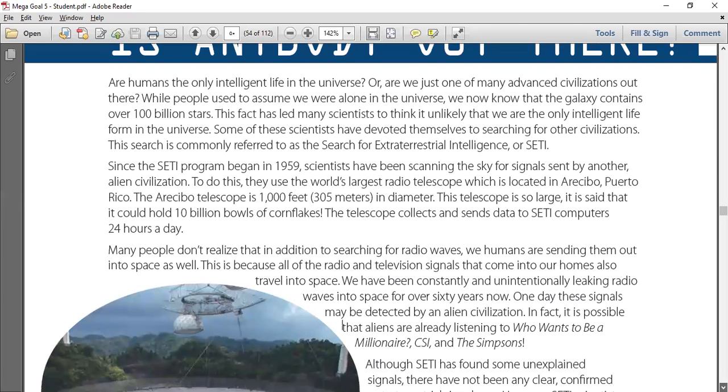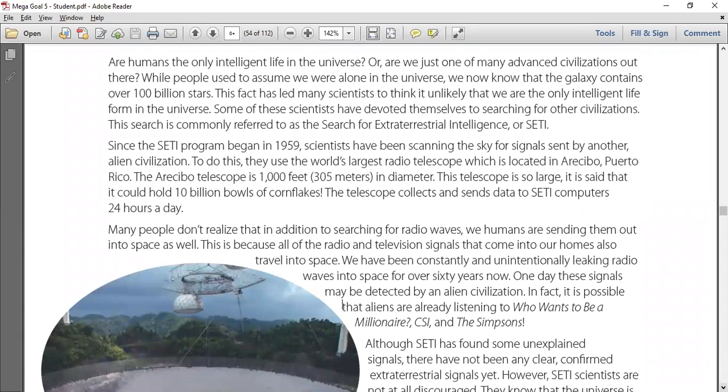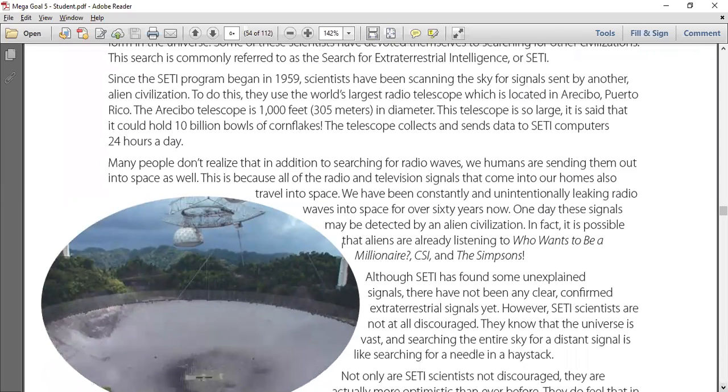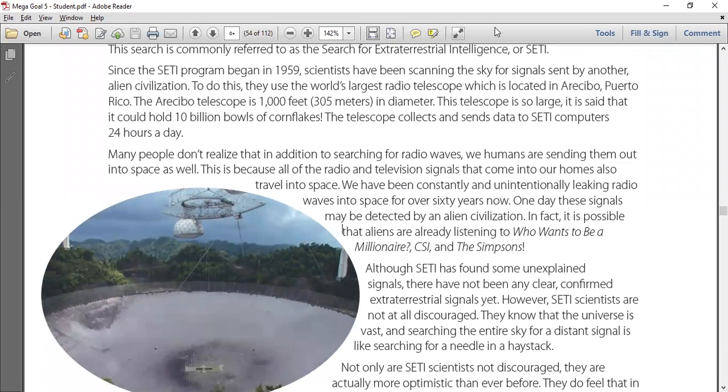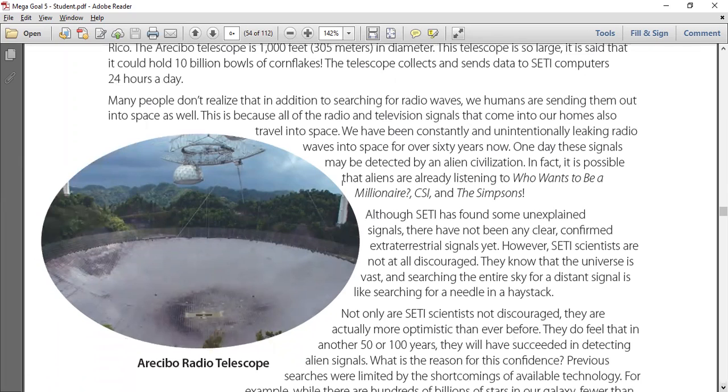Many people don't realize that in addition to searching for radio waves, we humans are sending them out into space as well. This is because all of the radio and television signals that come into our homes also travel into space. We have been constantly and unintentionally leaking radio waves into space for over 60 years now.